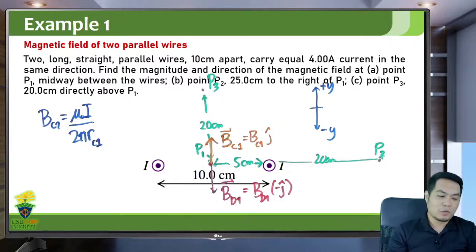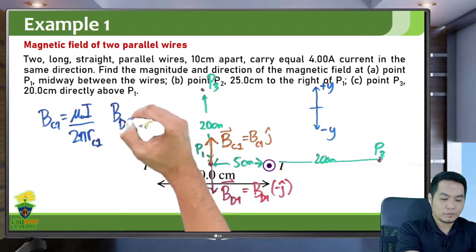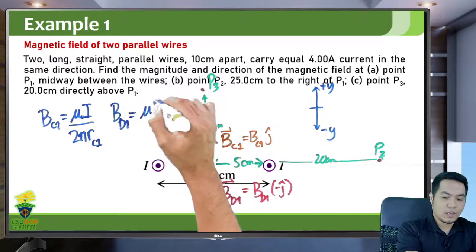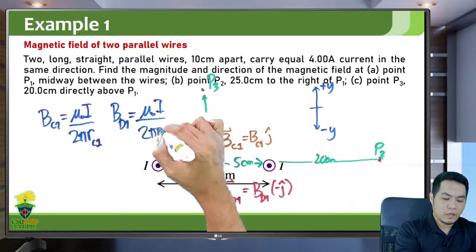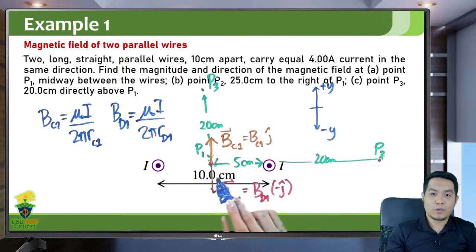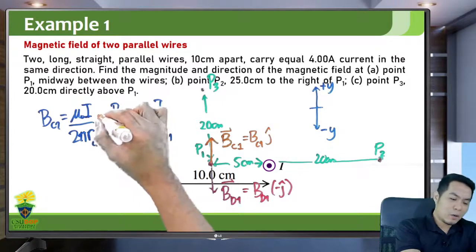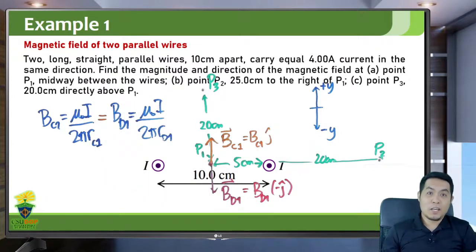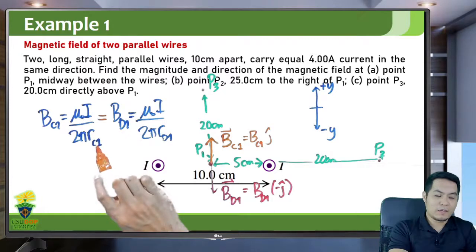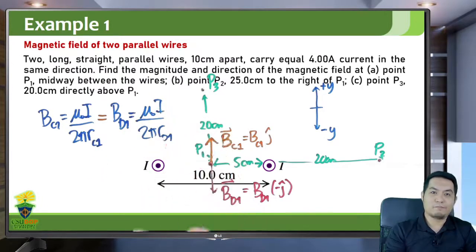And similarly for BD1, just mu naught I over 2 pi RD1, the distance from wire D to point P1. In this case, they have the same distance, 5 centimeters, because P1 is midway. This makes our two magnetic fields equal, because they have the same current and the same distance. So take note, the magnetic field only depends on the current and the distance R.